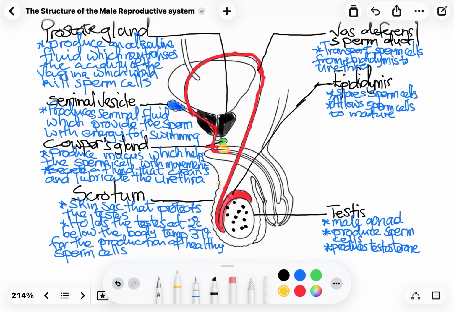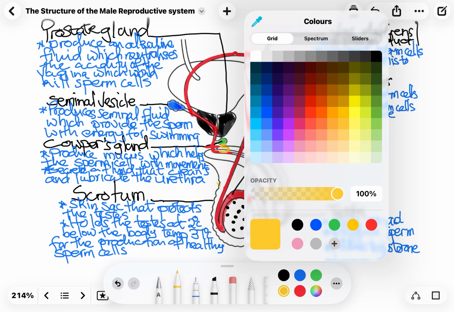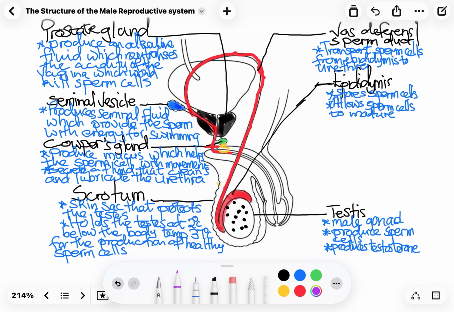Yellow is not clear. What color must I use? Maybe this purple. Right, it's now called semen. Semen is a combination of sperm cells and the three fluids that are secreted by the three glands.